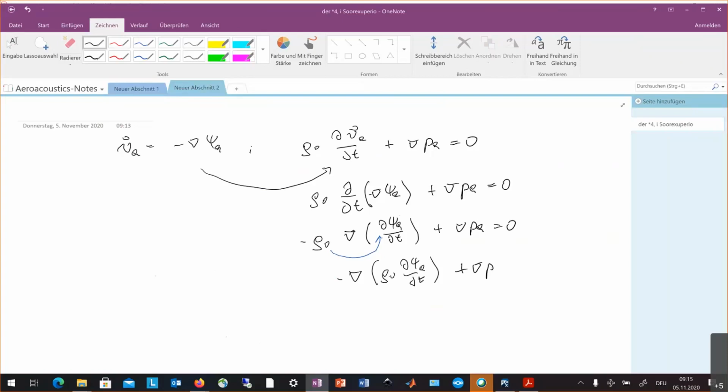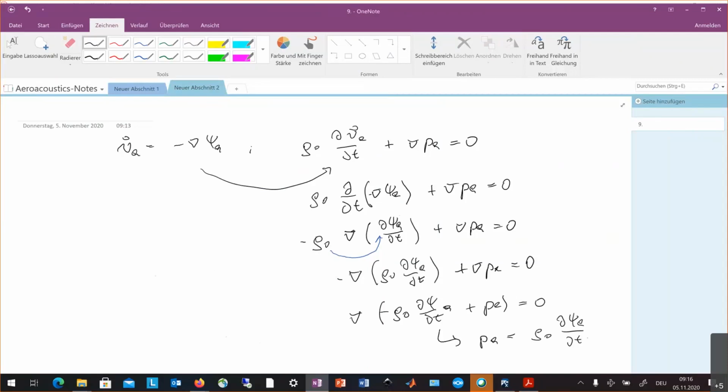And since the Nabla operator is a linear operator, we know that we can rewrite this also in the sense that we have here the gradient of minus mean density times the time derivative of the potential plus the acoustic pressure is equal to 0. Okay, and therefore we get that the acoustic pressure is equal to the mean density times the time derivative of the potential.